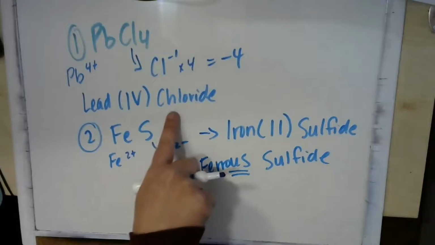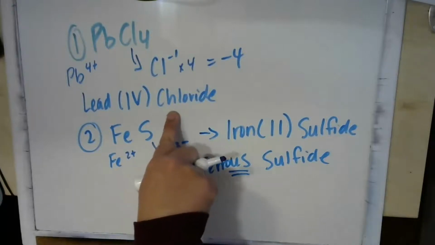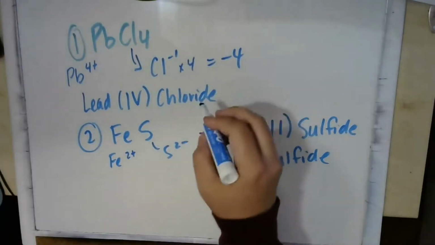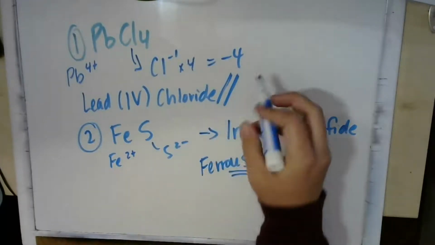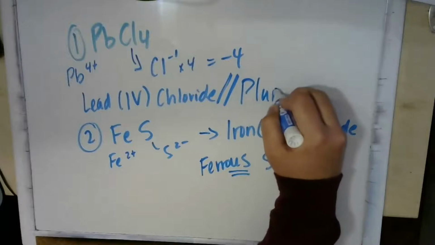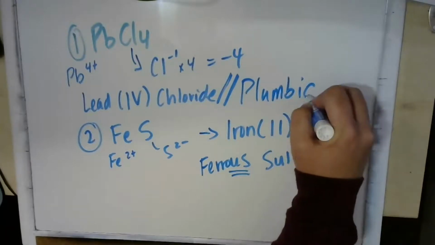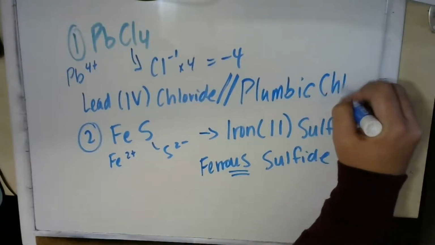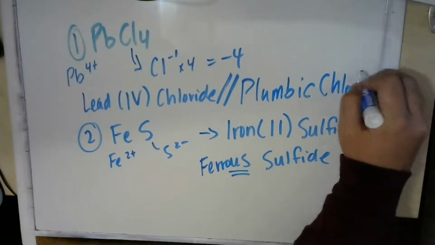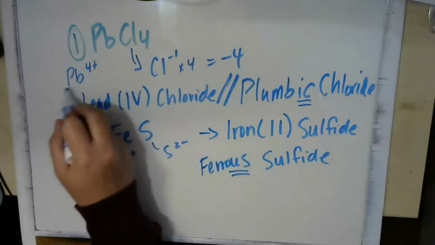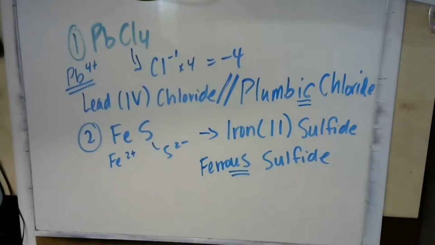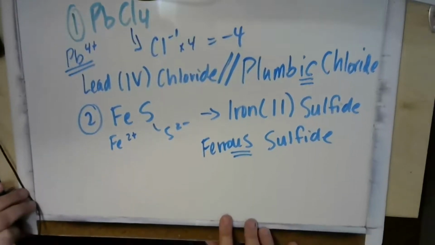And actually, we could do the same thing for lead-4 chloride. The older naming system name for this would be plumbic chloride. Okay, it has the IC ending because we're looking at the lead-4 ion. Okay.